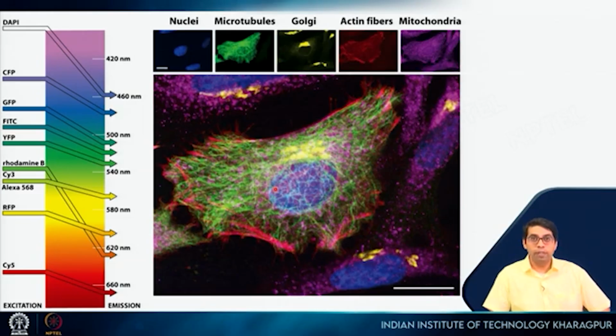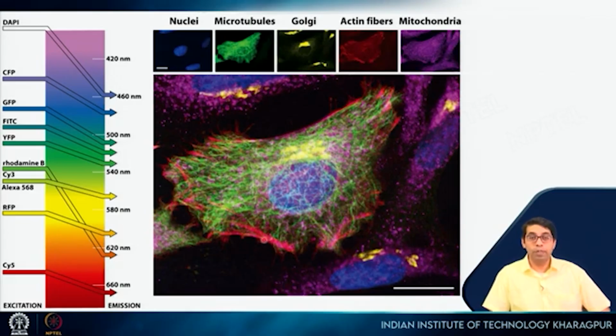So, you can see that the nucleus is at the center, microtubules are spread throughout the cell, actins it turns out are localized mostly towards the periphery of the cell, right, around the cell membrane. Golgi is here which is almost touching the nucleus, and mitochondria are spread throughout the cytoplasm of the cell, right.